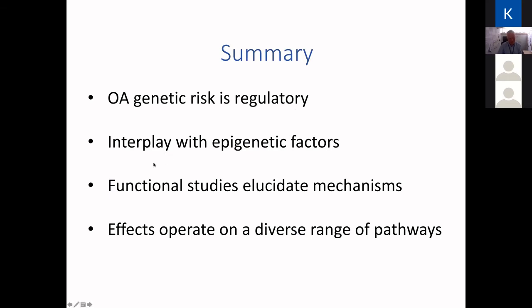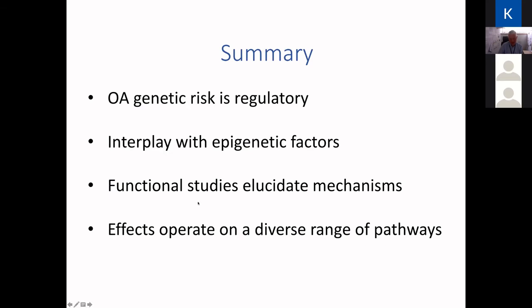There appears to be an interplay with epigenetic factors, and this works in a number of different ways. One example is the one I've shown you here, where a polymorphism appears to influence the methylation status of an enhancer. But we're also beginning to see that some polymorphisms are involved in regulating microRNAs, and other polymorphisms can be involved in regulating histones and so on.